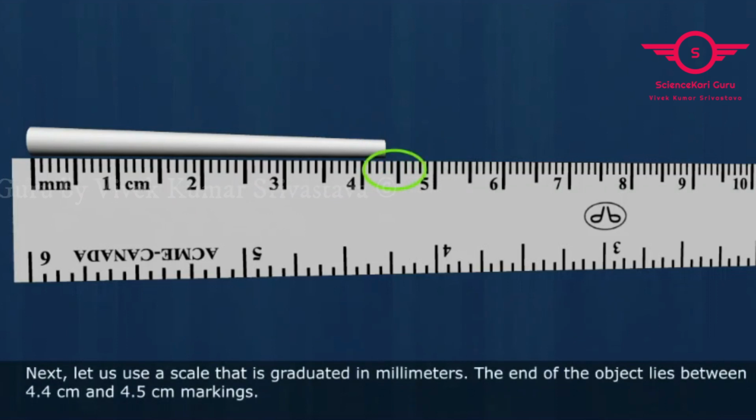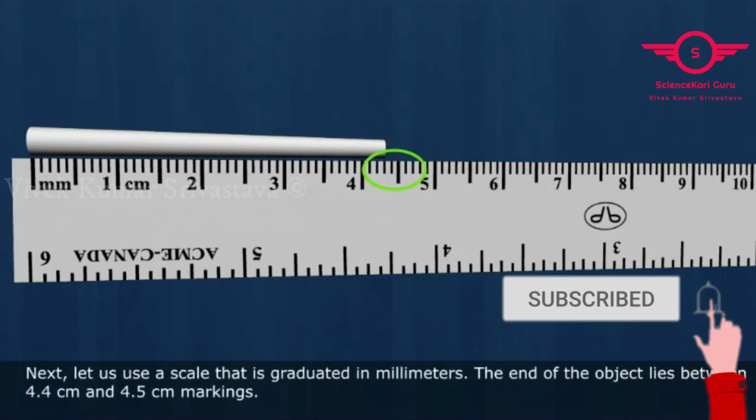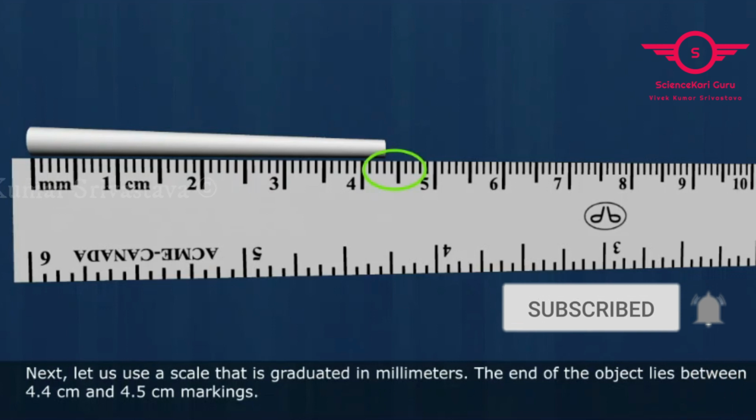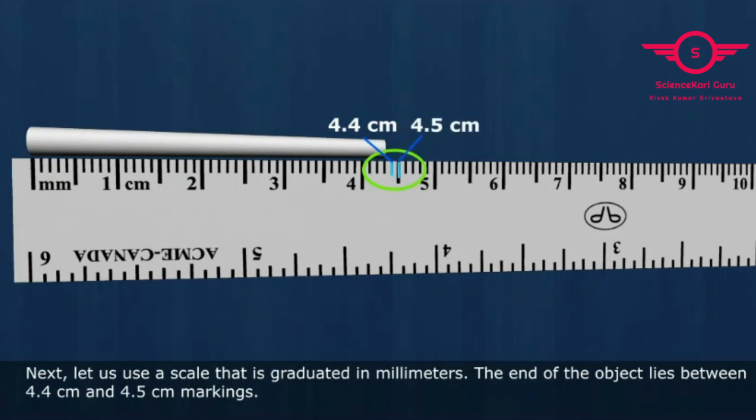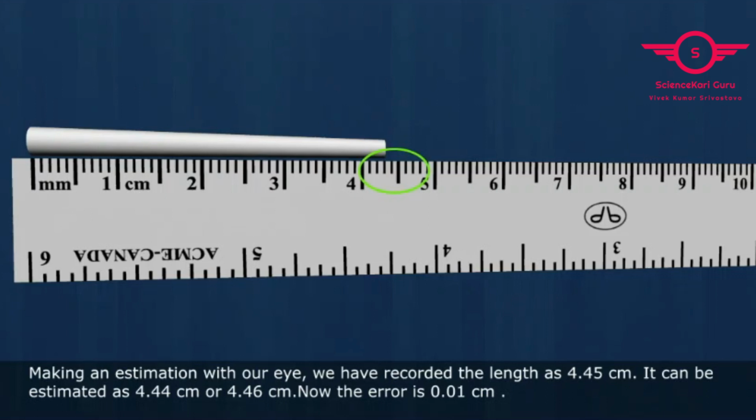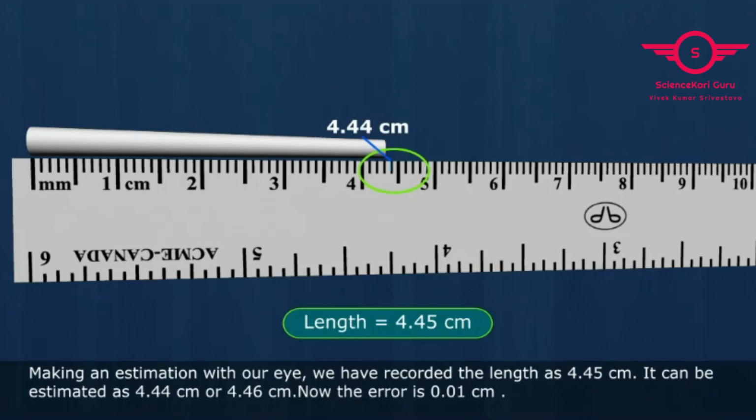Next, let us use a scale that is graduated in millimeters. The end of the object lies between the 4.4 centimeter and 4.5 centimeter markings. Making an estimation with our eye, we have recorded the length as 4.45 centimeter. It can be estimated as 4.44 centimeter or 4.46 centimeter.